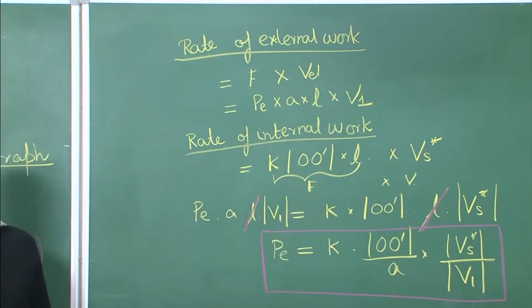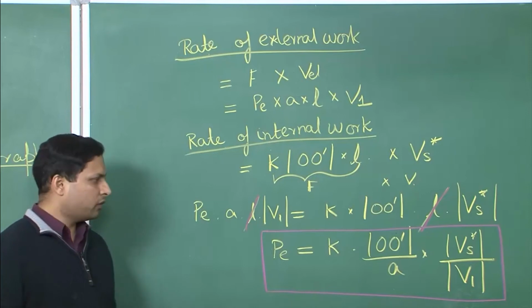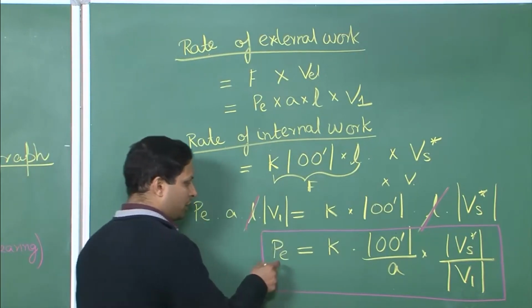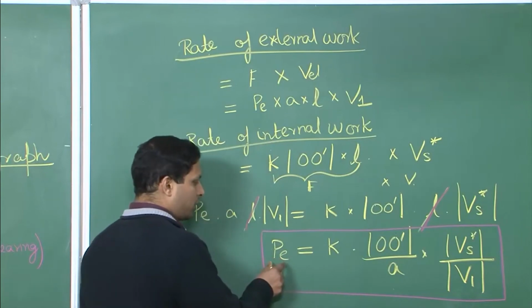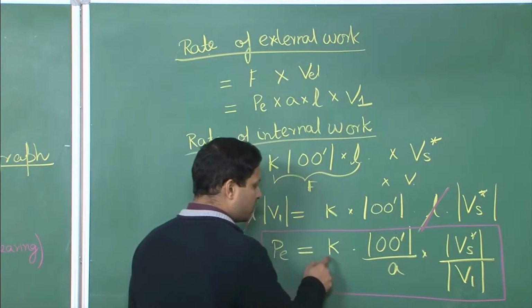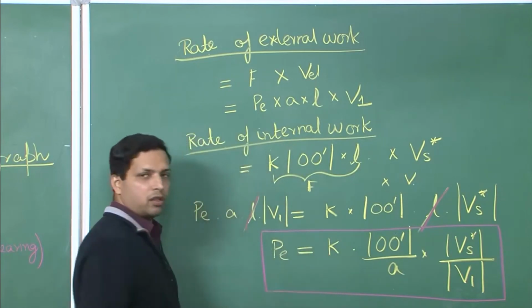So, by equating the rate of internal work to the rate of external work, we are able to get a relation for PE, the extrusion pressure, and it comes out like this. It is in terms of the shear strength of the material.